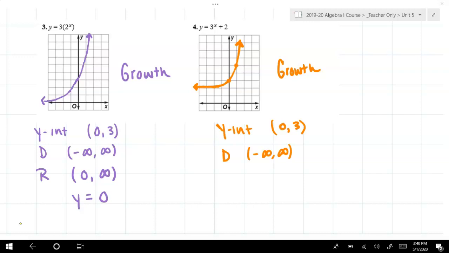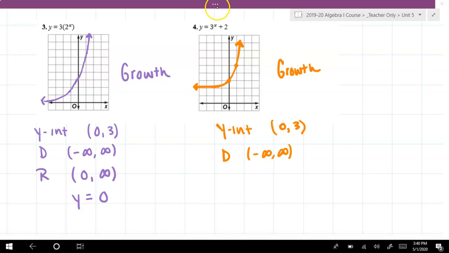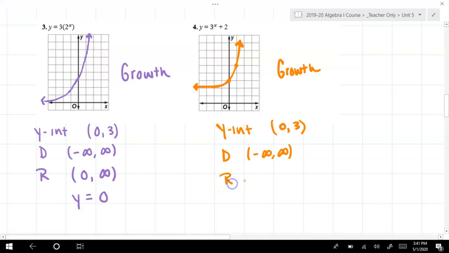Okay, this fourth one, we can see that it's pushed up off the x-axis 2 units. And it's no coincidence that this plus 2 is what moved the whole function up 2 units. So the range doesn't go from 0 to infinity, because from 0, 1, up to 2, there's no graph at these y values.